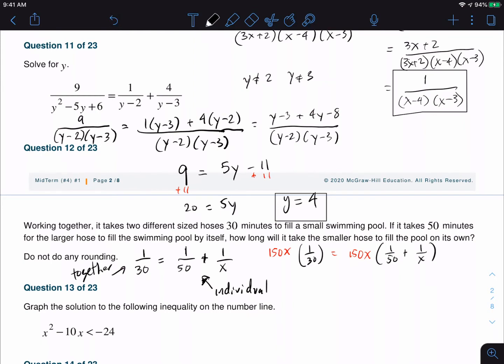And so 150 divided by 30 is going to be 5. So I'm going to get 5x is equal to, and then 150x divided by 50 is 3x. And then this will be 150, right? Because 150x divided by x is just going to give us some constant number.